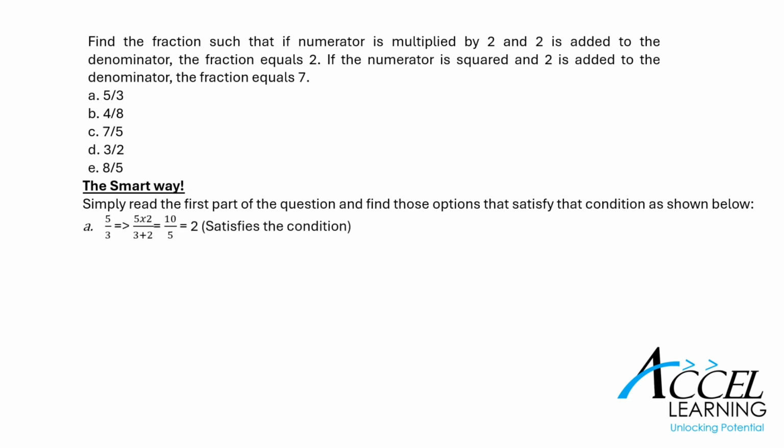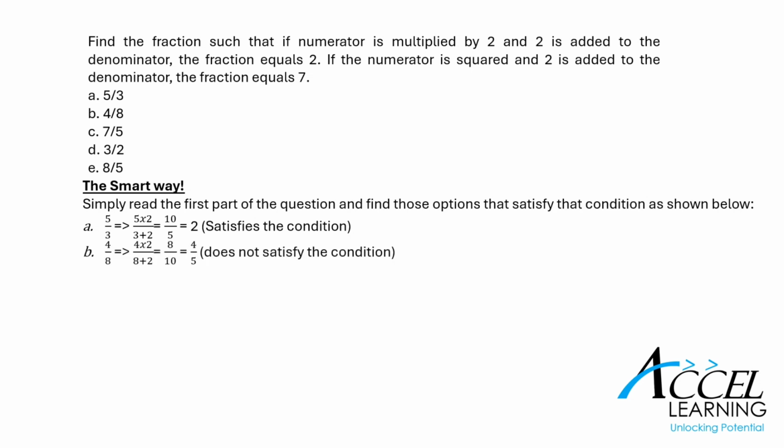A. 5/3 becomes 5 times 2 over 3 plus 2 equals 10 over 5 equals 2, which satisfies the first condition.